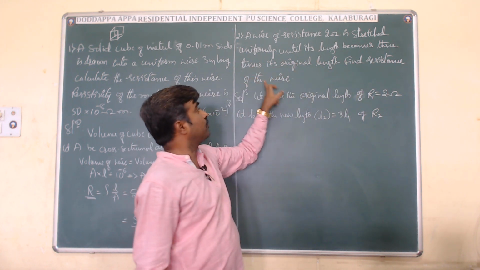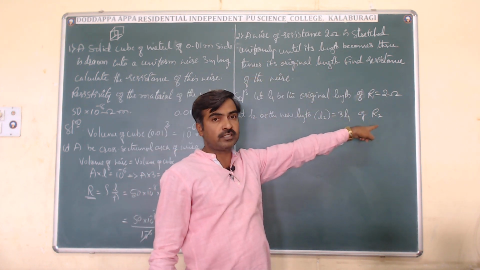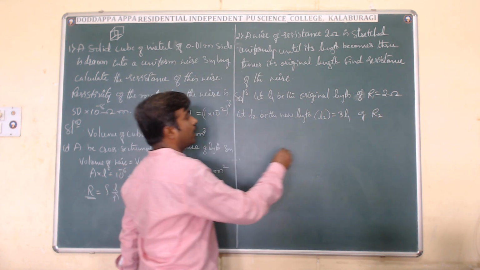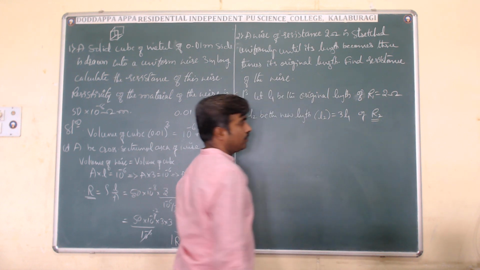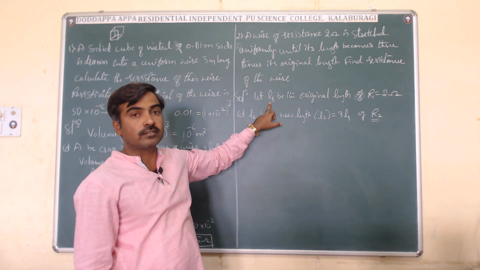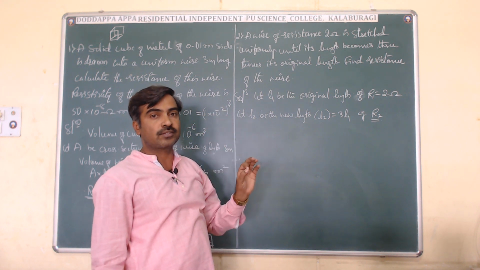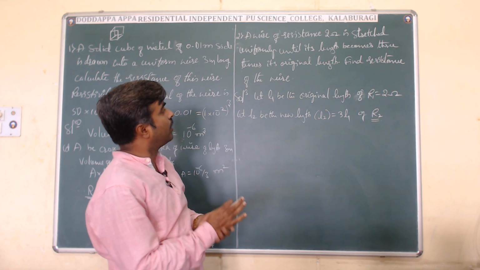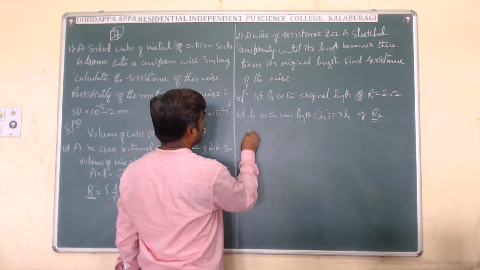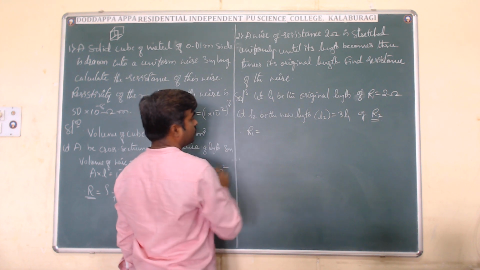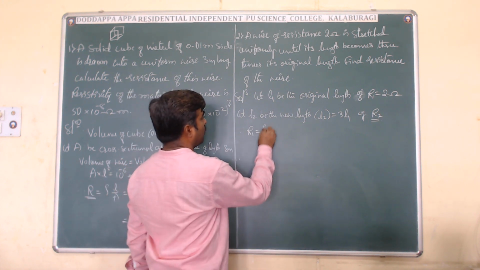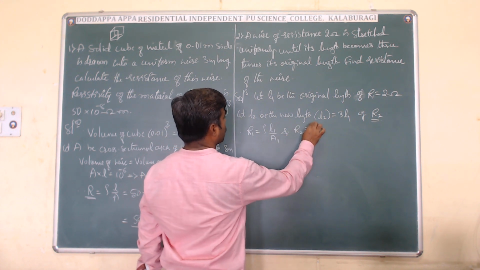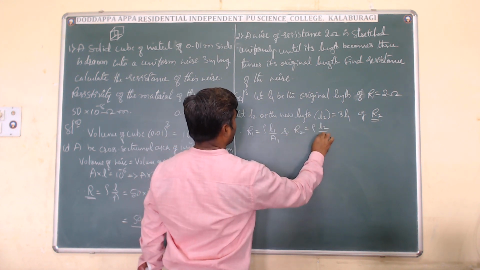Find the resistance of the wire now. When it has been changed, then what will be the next resistance? To calculate this, in terms of resistance and in terms of length, again the same equation we should apply: R is equal to rho L by A. Now, R1 is equal to rho L1 by A, and R2 is equal to rho L2 by A2.